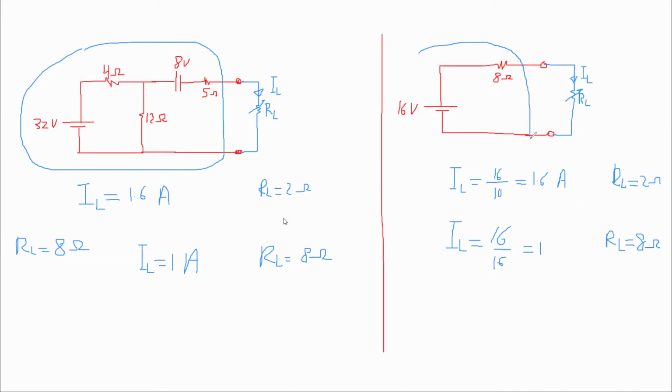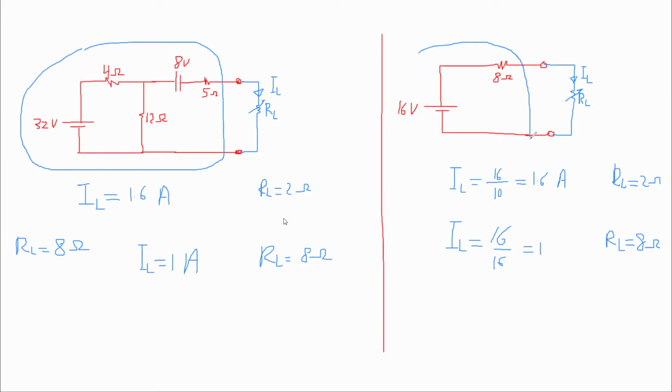Now, the guy who came up with this technique or idea of finding a small or easy equivalent circuit is called Thevenin. That's his last name. So this equivalent circuit is called Thevenin's equivalent circuit. Because of him, we don't call these R equivalent and E equivalent.